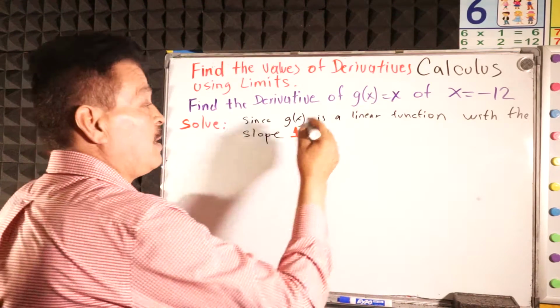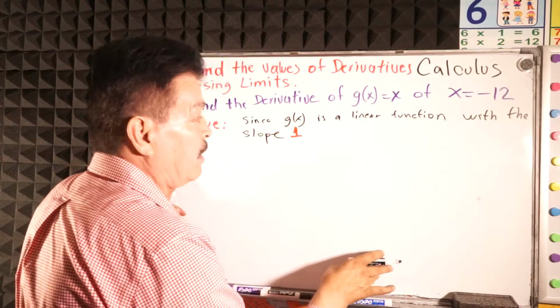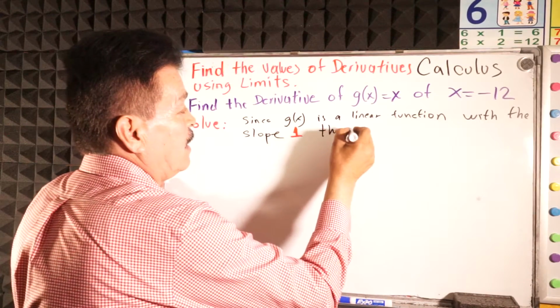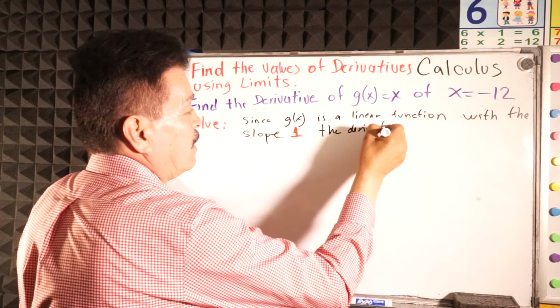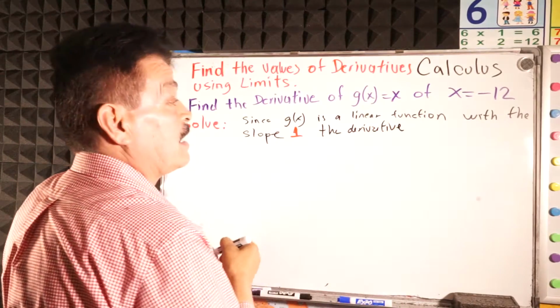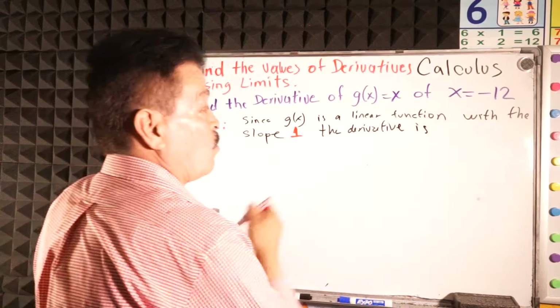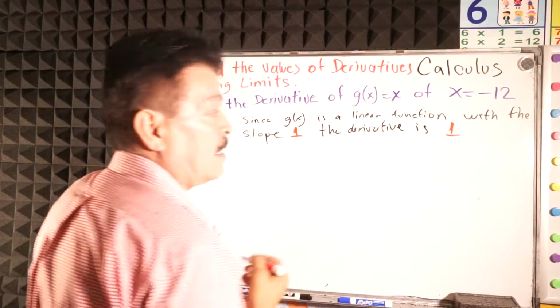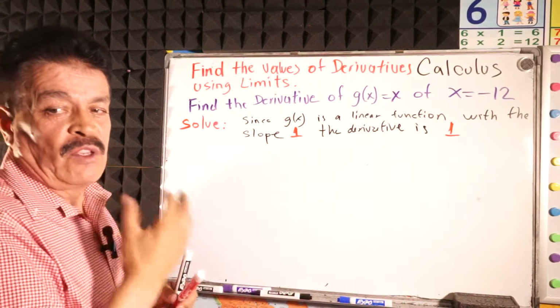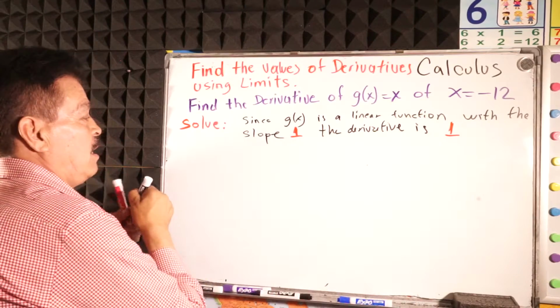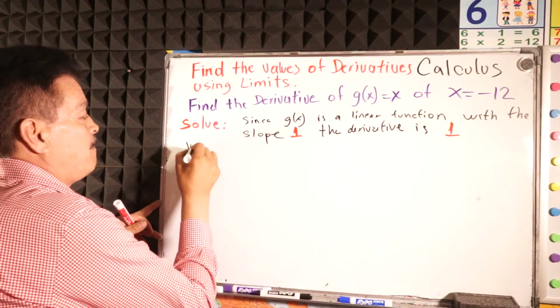The derivative of a constant is the same, it's 1. It's 1, right? You can also find the derivative another way.